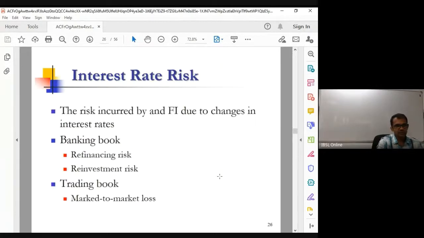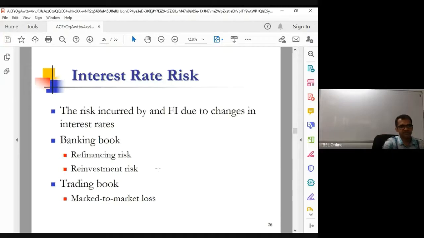And mostly we will record a fixed income security in the trading book, because most of the banks buy it as an investment, but they should be able to sell it at any time to generate cash.